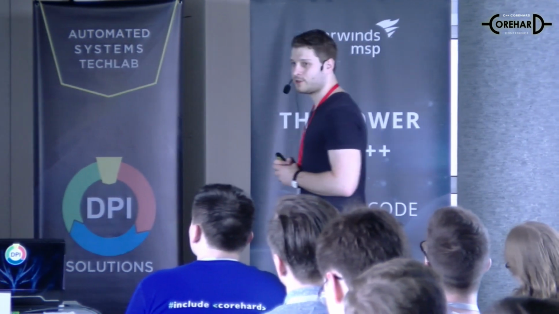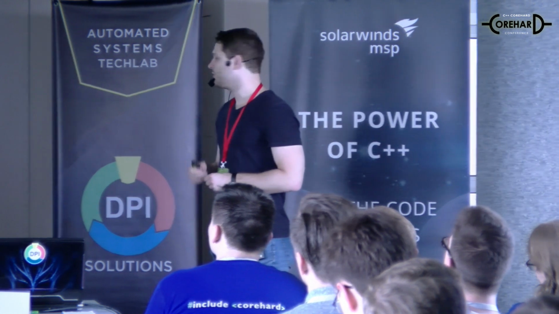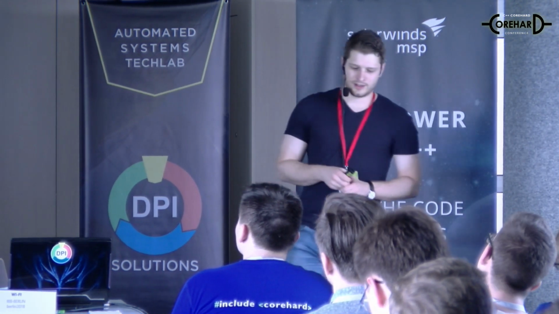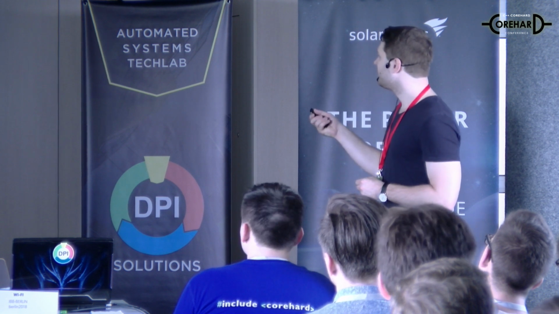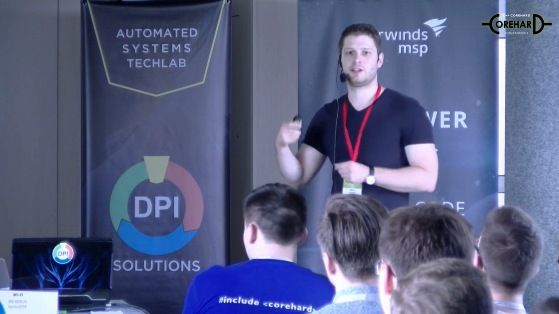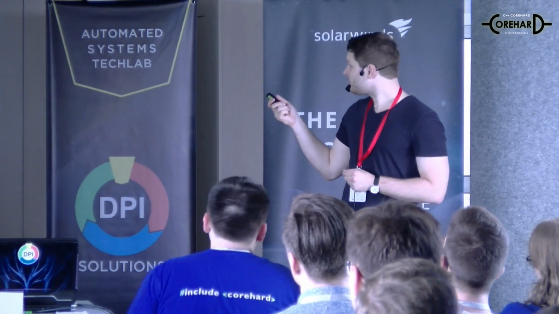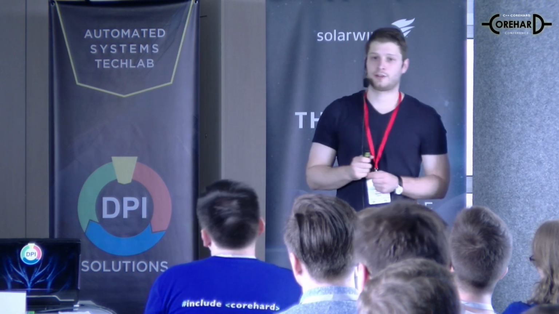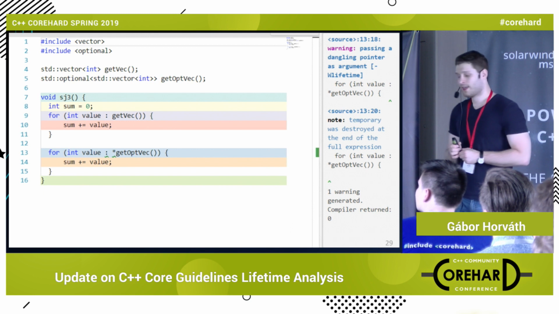However, the second one will not work as intended. It has a lifetime error because here we will return a std::optional object, which will be the temporary, and we will call the dereference operator on this temporary std::optional.